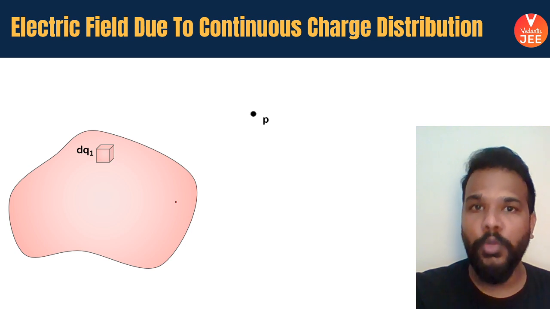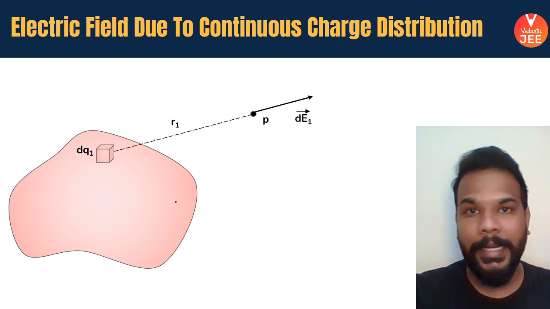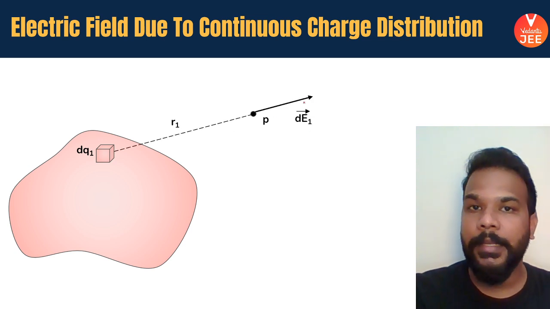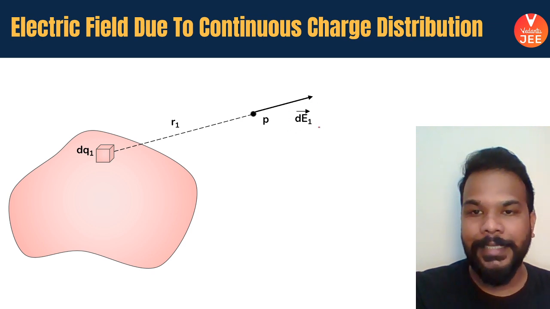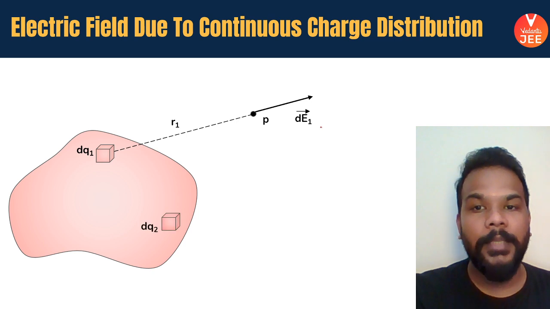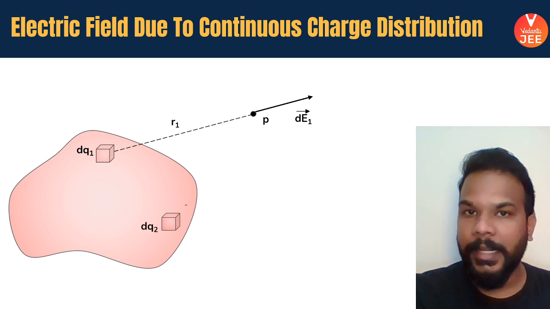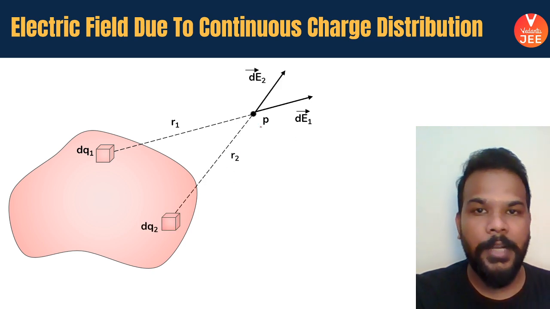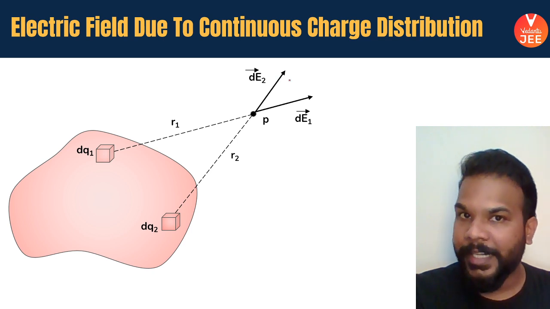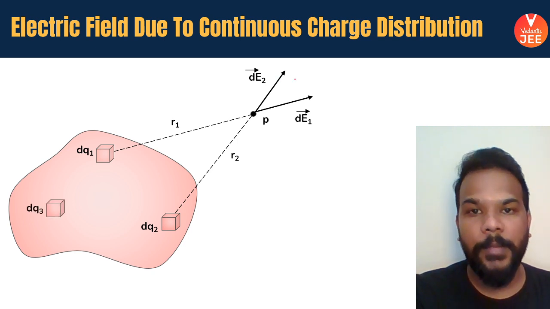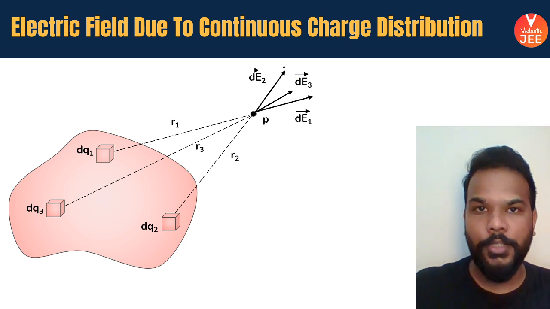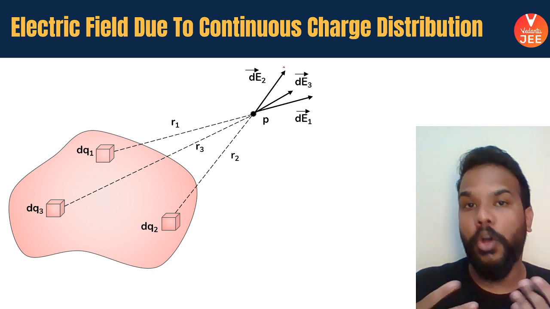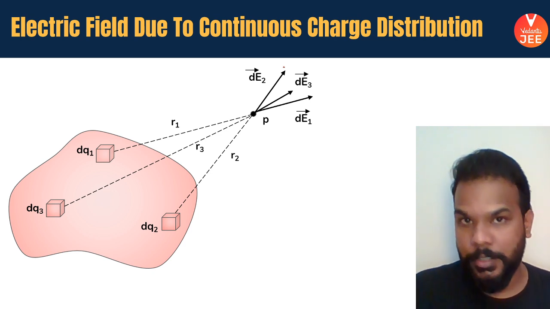Because of dq1, which is at a distance r1, the electric field vector that you see here is in this direction and has a magnitude of dE1. Similarly, for another charge like this, which is at a distance r2, the electric field is a different vector. Similarly for another element, its separation and its electric field. So you can see that I'm basically converting a continuous charge object into discrete charges.